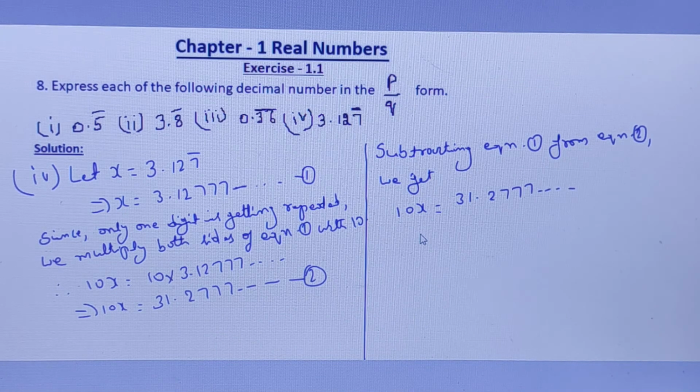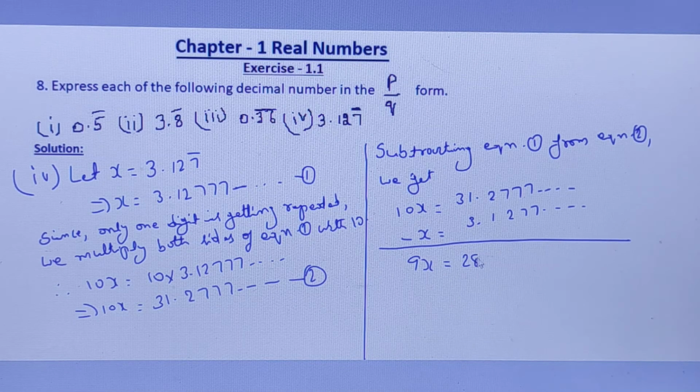This is equation 2. Equation 1 is x is equal to 3.1277 and so on. So subtracting this, 10x minus x is 9x, and this is 28.15, with zeros after that.